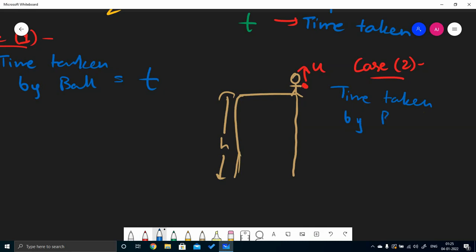Everything over here remains the same other than this initial velocity that you're providing in this case. In the other case, you're not providing anything. So the time taken over here, let this be t1.